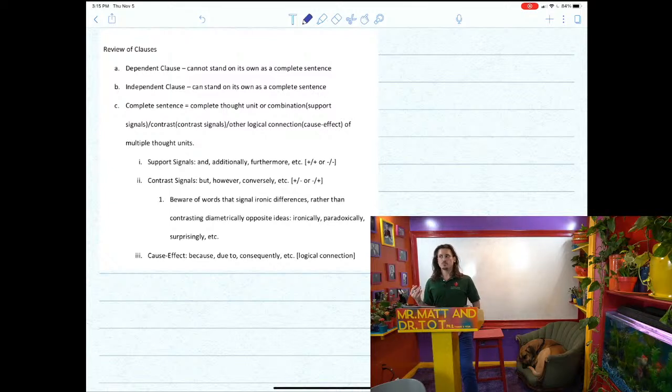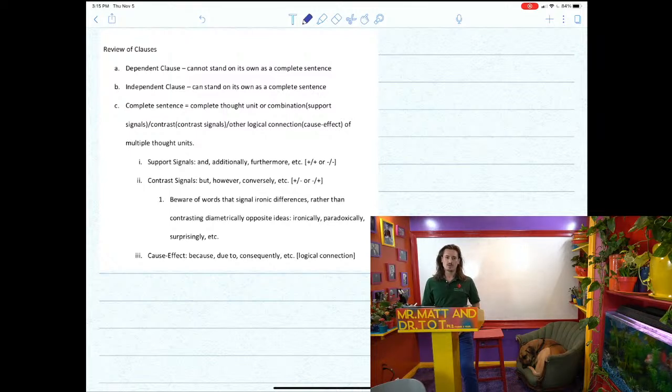But there might be words like ironically, surprisingly, paradoxically. These words signal the ironic, or that there's some effect that's contrary to convention, or what you would normally think would happen. So for example, rainy and sunny. They're not necessarily direct opposites of each other, and they can happen.